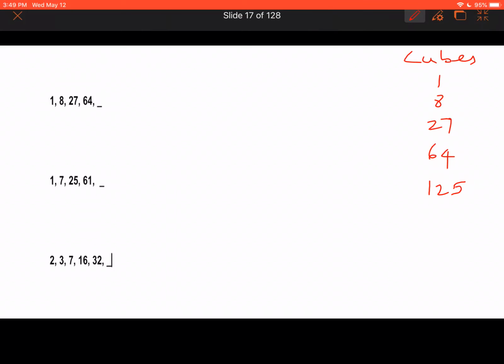Okay, so 1, 8, 27, 64, absolutely they are cube numbers, right? 1 cube, 2 cube, 3 cube and 4 cube. We have to find the value of 5 cube, that is nothing but 125. Okay, can we have some relationship between 1, 7, 25 and 61 and 1, 8, 27 and 64? Yes, absolutely, it is 1 cube.